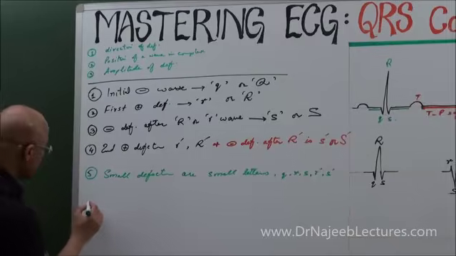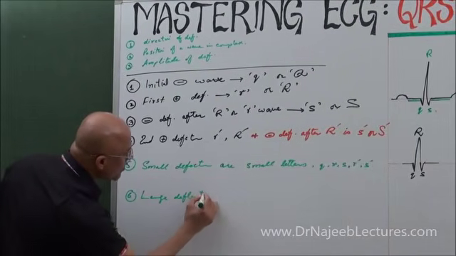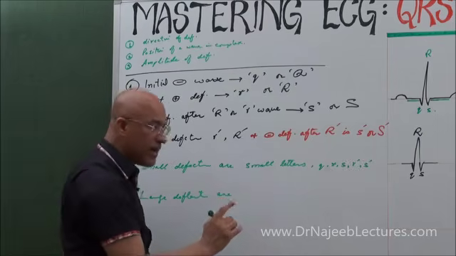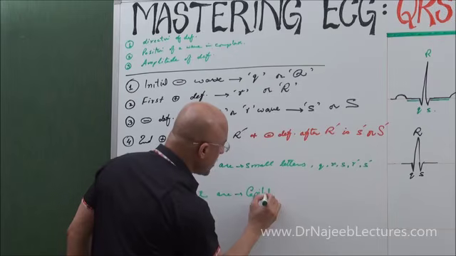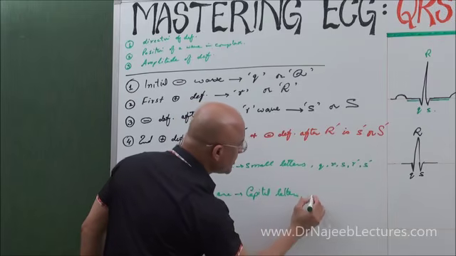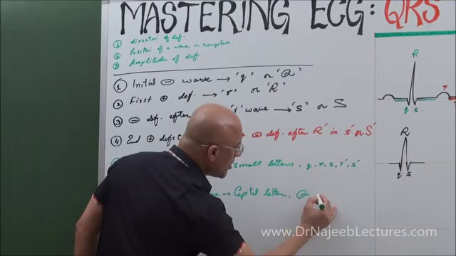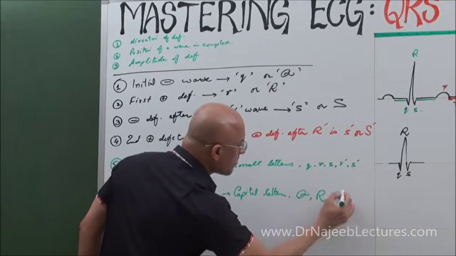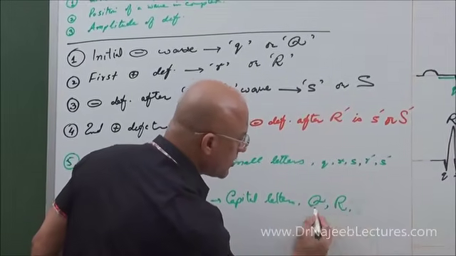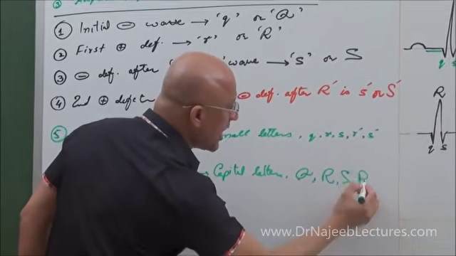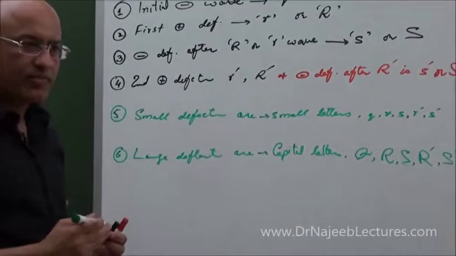And large deflections are designated by capital or uppercase letters, that is Q or R or R prime, and of course in between there should be S, QRS, and then there may be R prime or S prime. I hope these rules are clear, right?